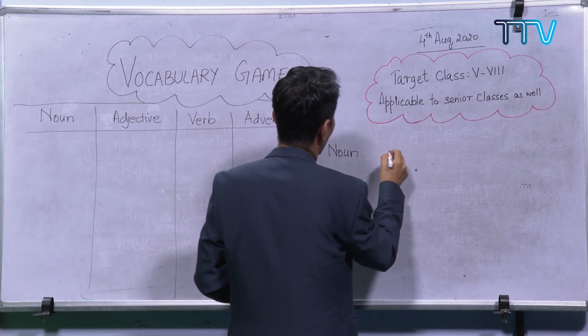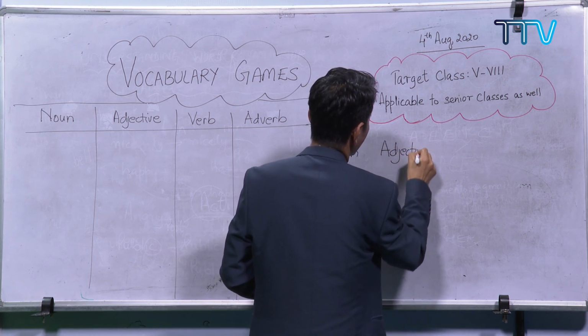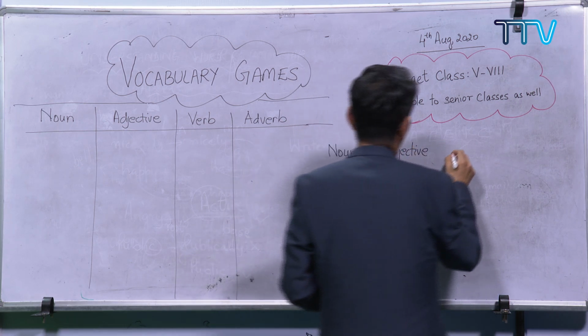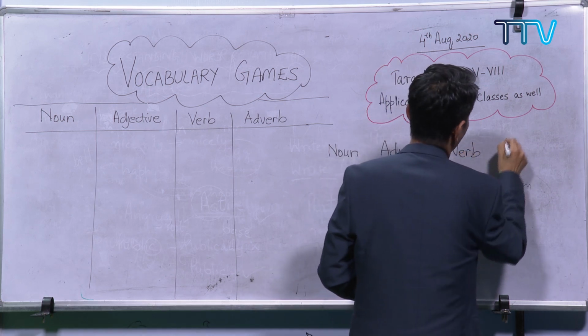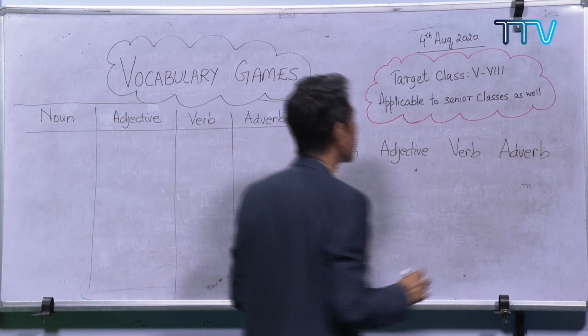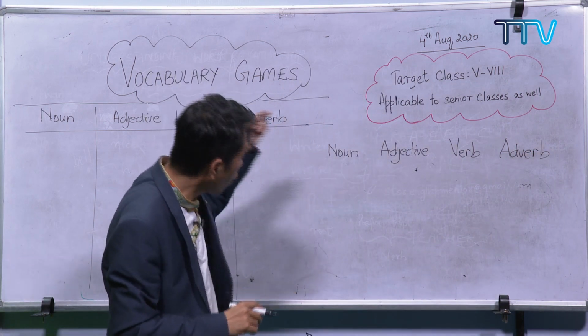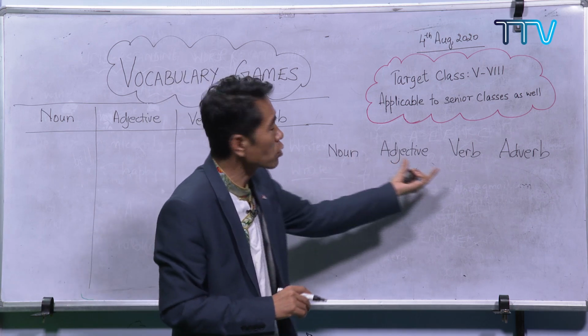For example, noun, we have got adjective, we have got verb, we have got adverb. It doesn't mean that you should come up with all the words, or that all these columns should be filled.